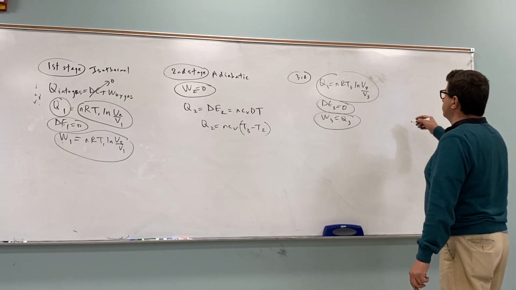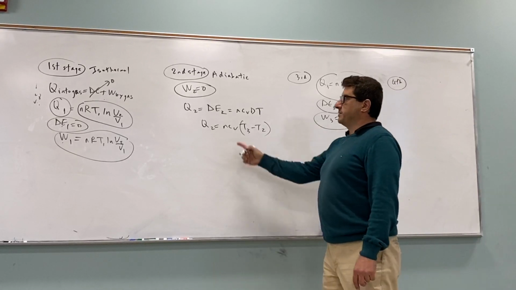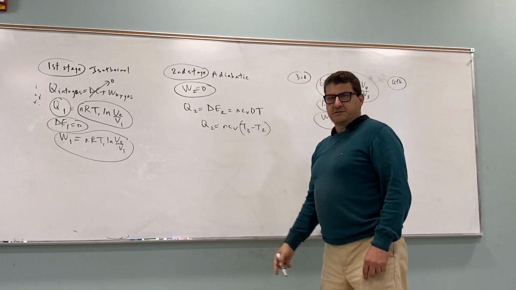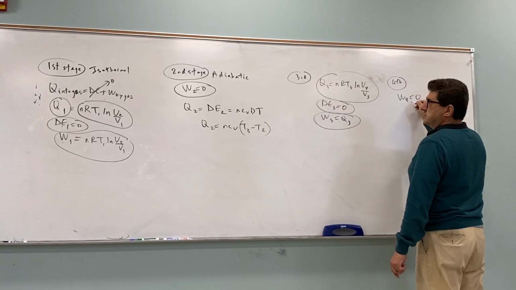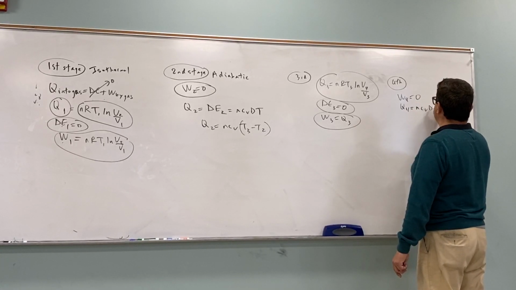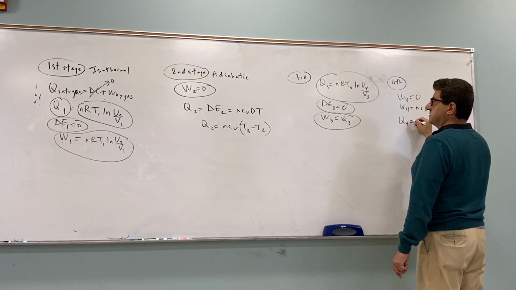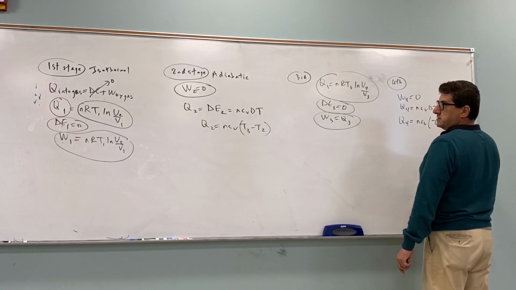Okay, and then the fourth is going to be like the second. So W4 is going to be 0, and Q4 is going to be nCv delta T, so nCv (T1 minus T4).